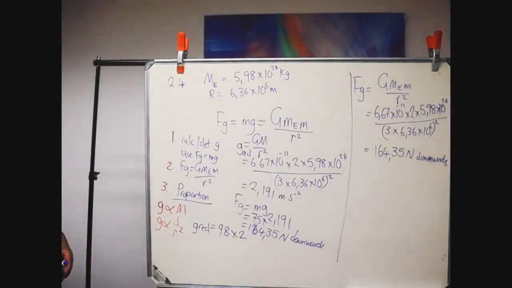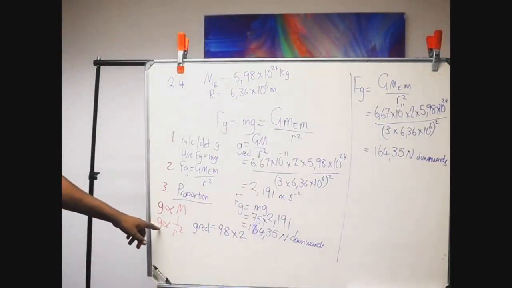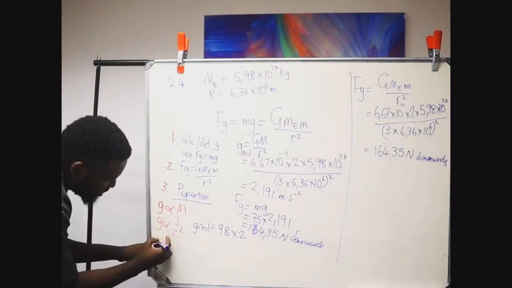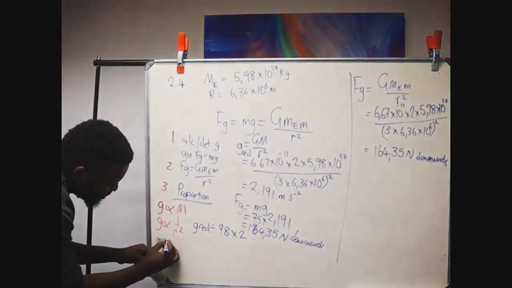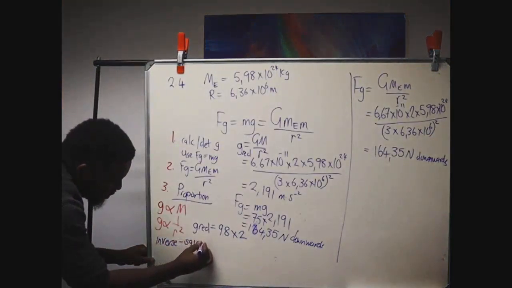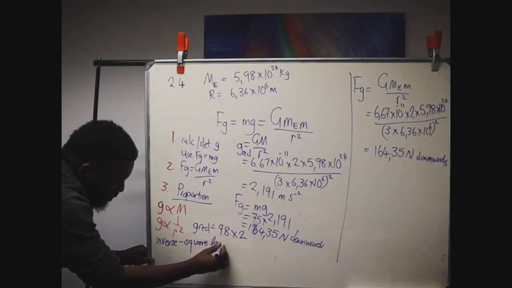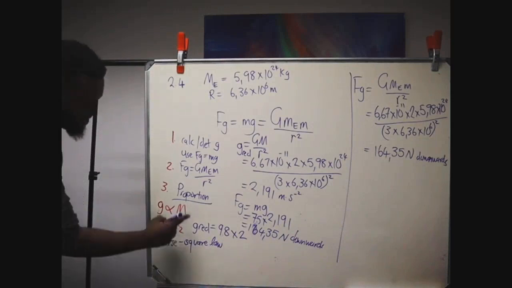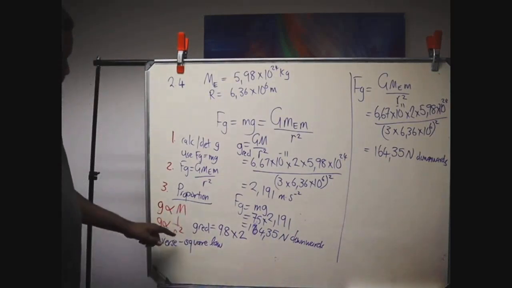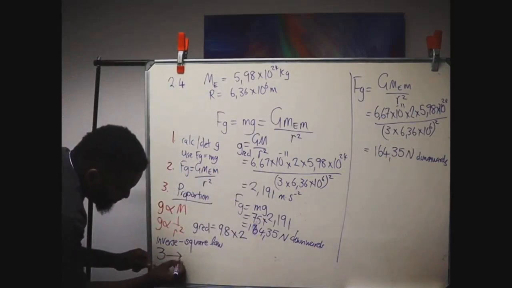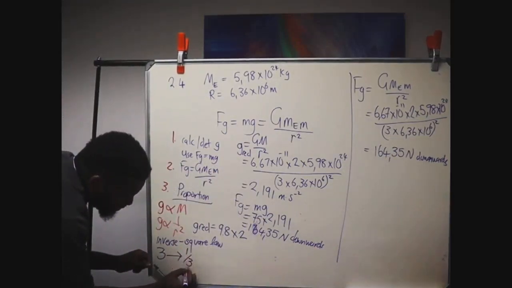So, what is the relationship between g and r? Well, we say it's an inverse square law. Remember this one? What does that mean? We find the factor that we are changing is 3. Invert the 3 and it becomes 1 over 3.